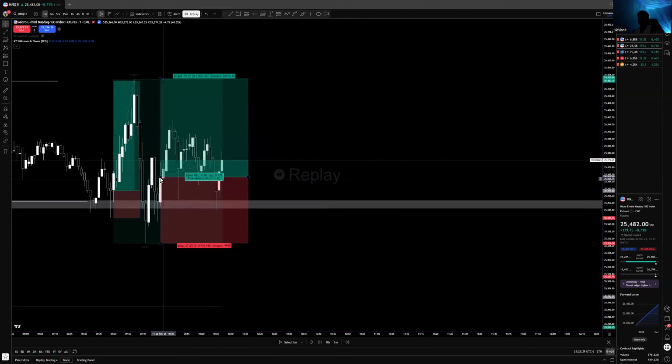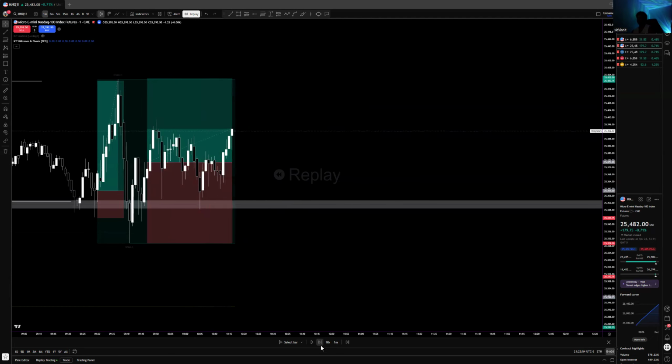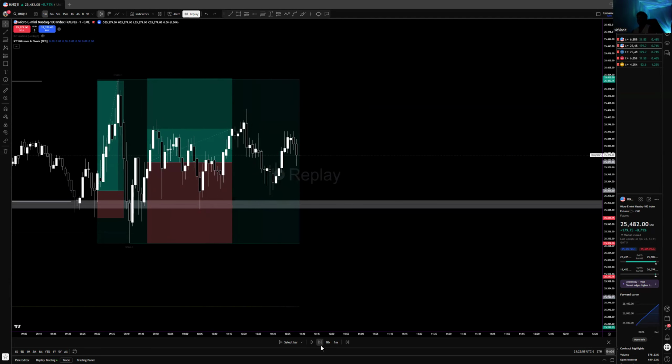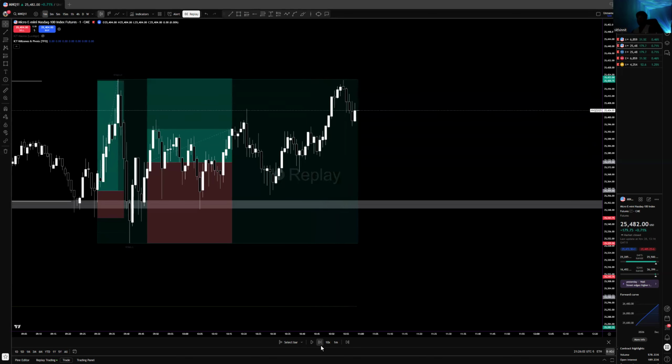So it was around 1 to 1.1. My entry was very late, I guess. But if this was a clean trade, honestly, I really was looking for buying entries all day, and it played out really good. There it is.